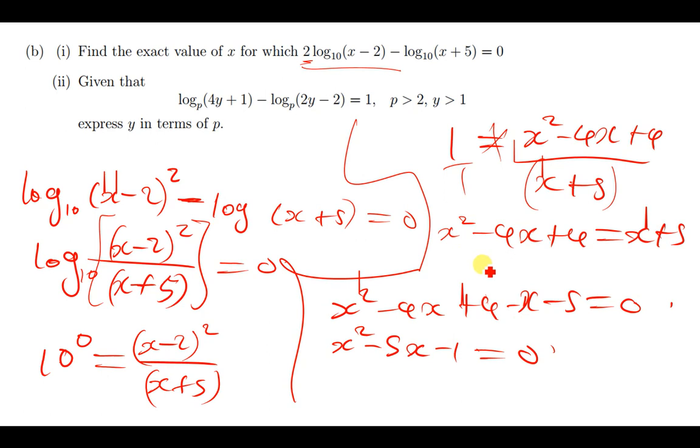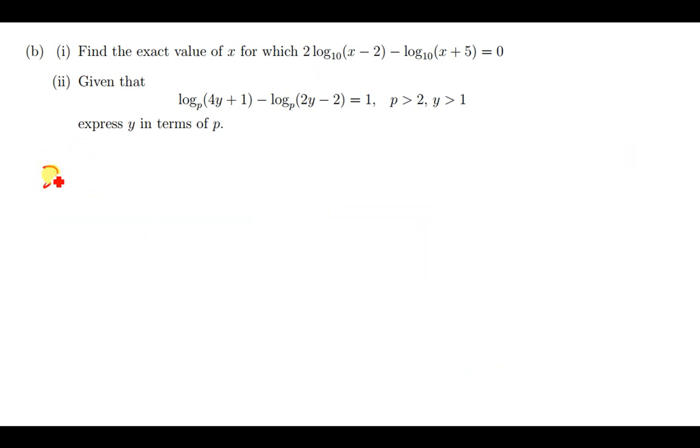So let us solve this equation. We have x squared minus 5x minus 1 is equal to 0. They want us to find the values of x.